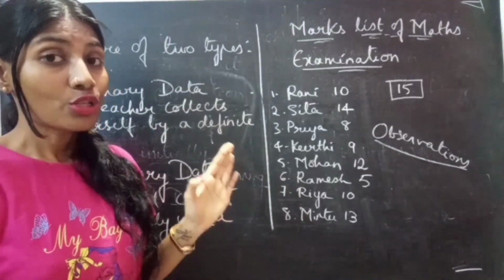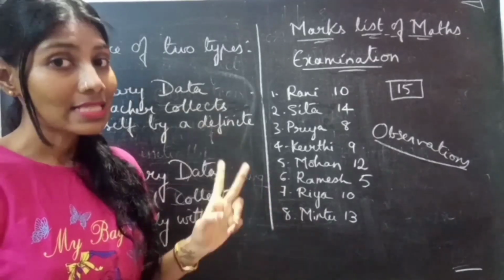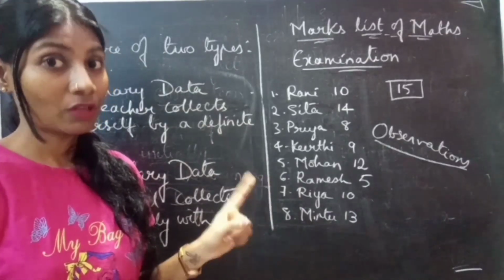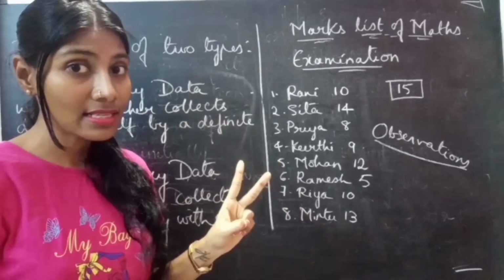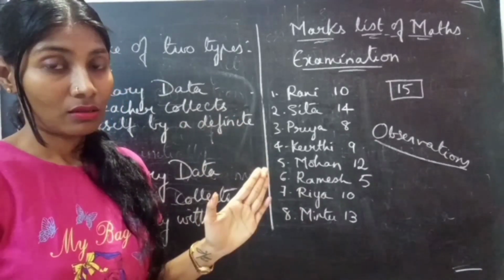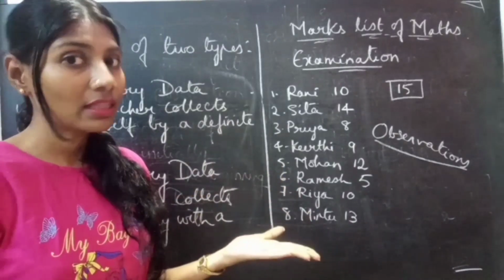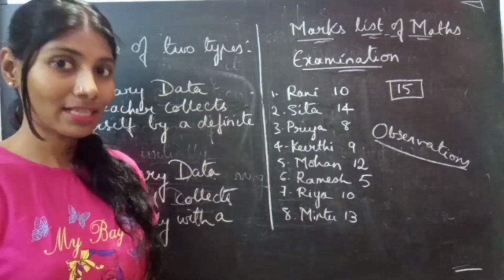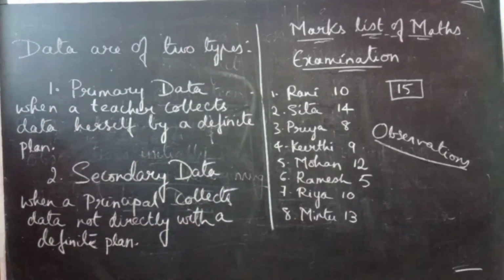So he is using the second-hand list. First hand is your maths teacher and second hand is your principal sir, who is not directly involved in the examination. Got it? So this is your secondary data.